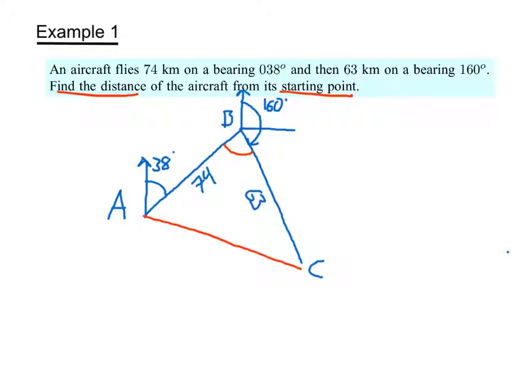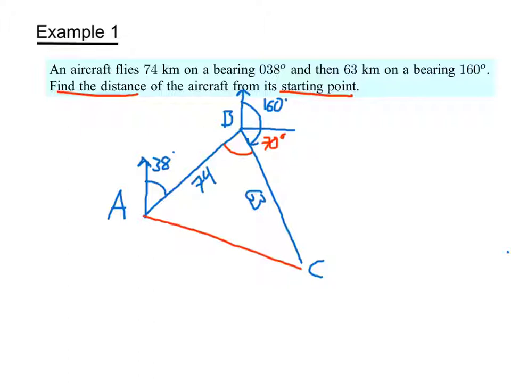Well, I know the bearing from B to C is 160, and I know I can figure out the angle below the east line, which is 70 degrees.